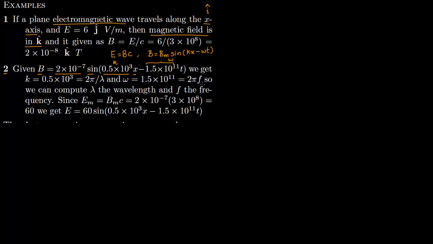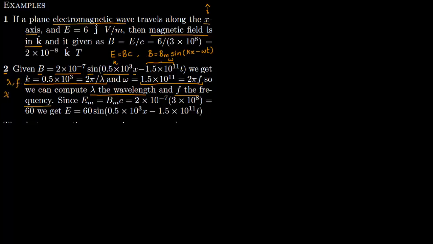Omega is 1.5 into 10 to the power of 11. This is 2 pi f, our angular frequency. So you can compute lambda from this equation, and you can compute the frequency from this equation. Lambda is the wavelength and f is the frequency. Now in case omega was not given to us and only k was given, we could still have computed omega, because once you know lambda, you also know the frequency.